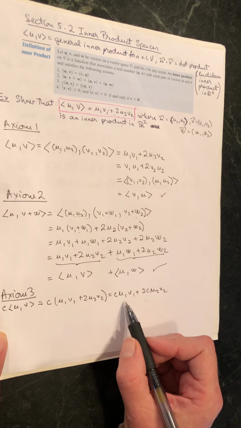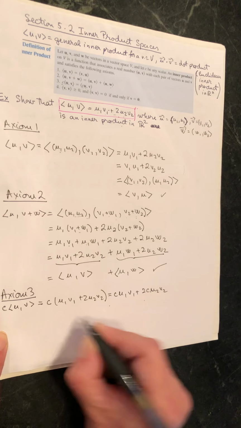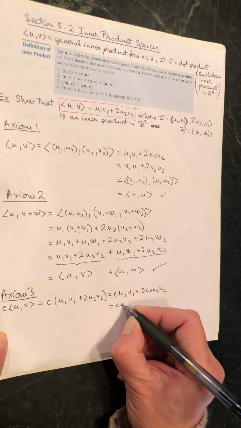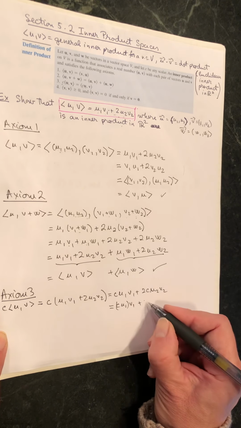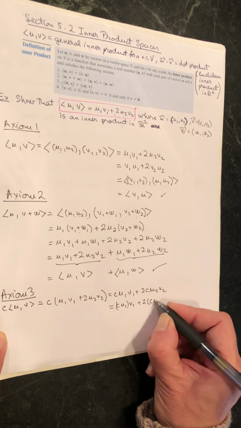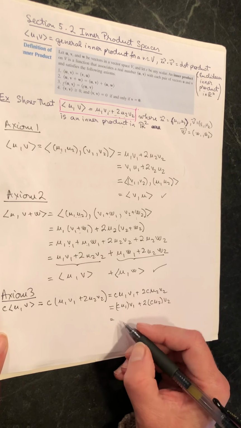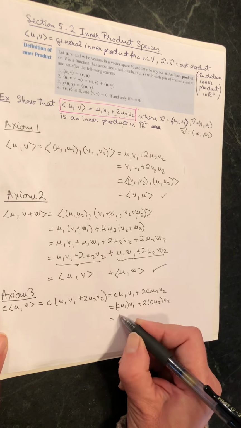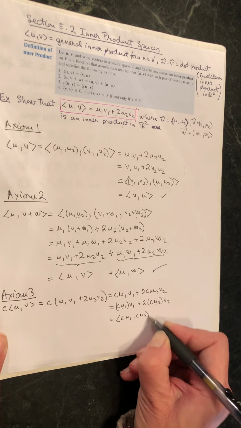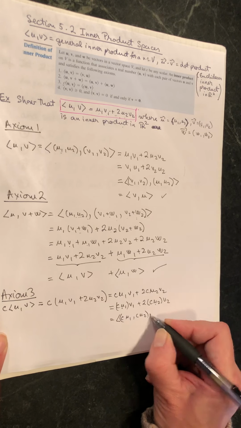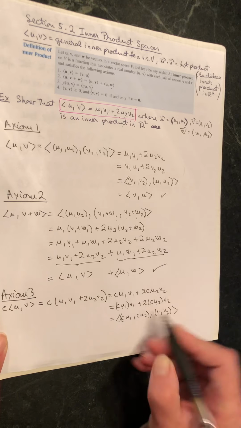I can insert parentheses around these. These are all real numbers, and 2 times cu2 times v2. Then these two got multiplied with v1 and v2 to get this.